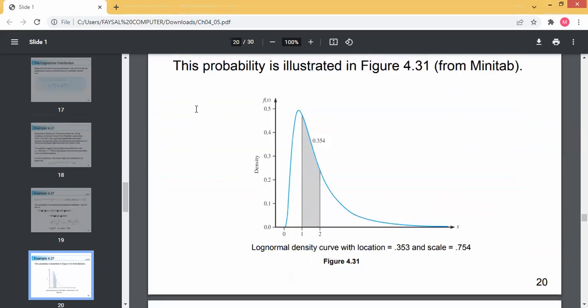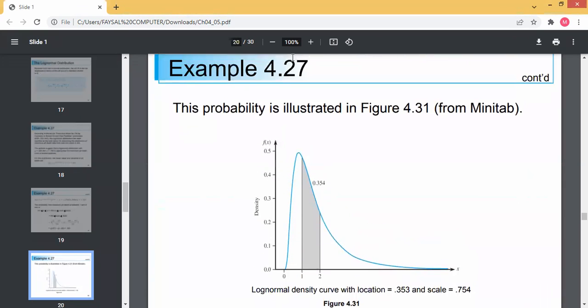Okay, now this is the curve. This curve shows that at the starting point it has a 0 value, but when it goes to 1, it goes to a peak value at this point.